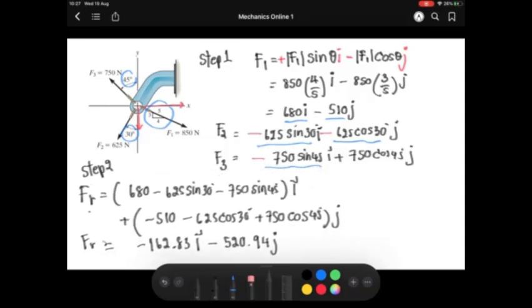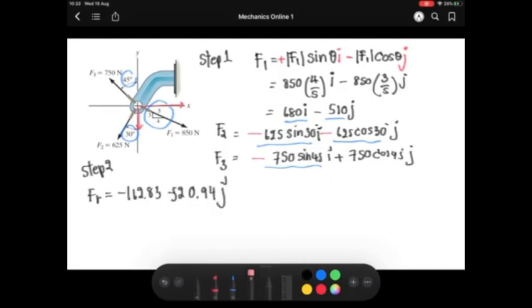So in the last step, step number 3. After the second step, we can find the resultant force in terms of vector i and vector j here. So we go to the last step. In this step, you should be able to draw our resultant force like this.